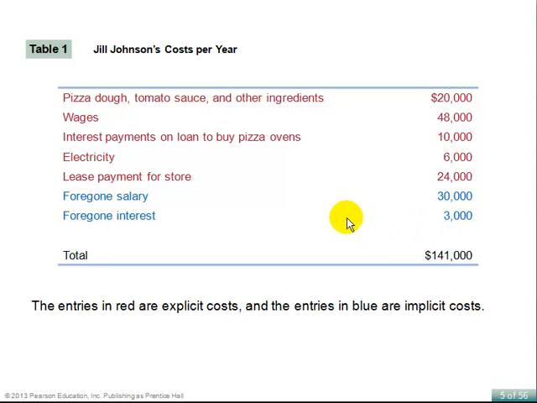So to open her business, Jill had to give up a $30,000 salary and $3,000 in interest. This $33,000 is an implicit cost because it does not represent any payments that Jill has to make, but it is the opportunity cost for Jill to start her business. Nevertheless, giving up that $33,000 per year is a real cost to Jill.